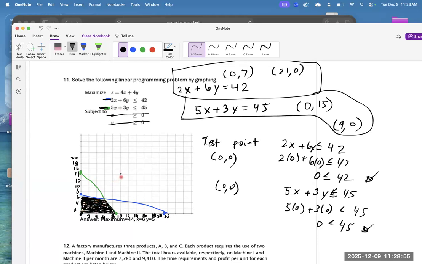Outside of this feasible region, like a point up here, I would not have enough resources. So this one might say I'm going to make 14 of this product and 14 of that product, but I don't have enough resources to even do that. So it's in the feasible region that it's even possible.